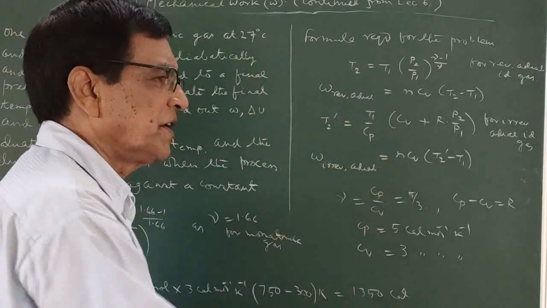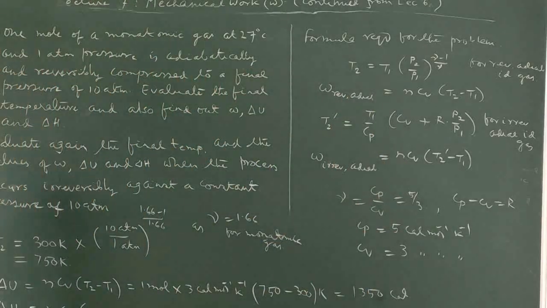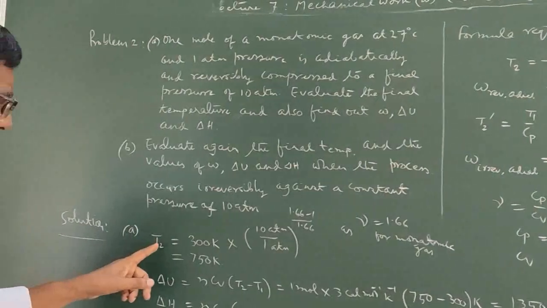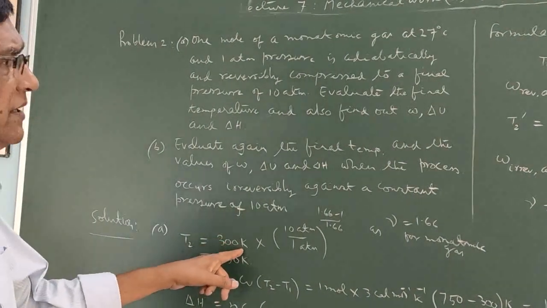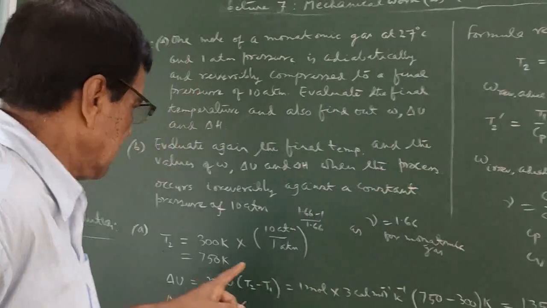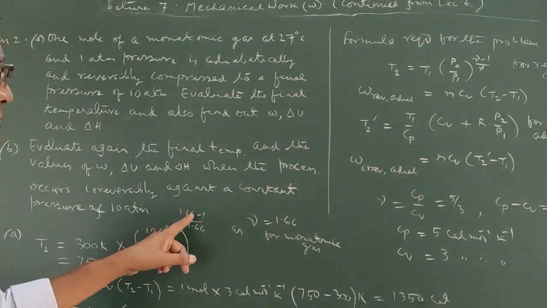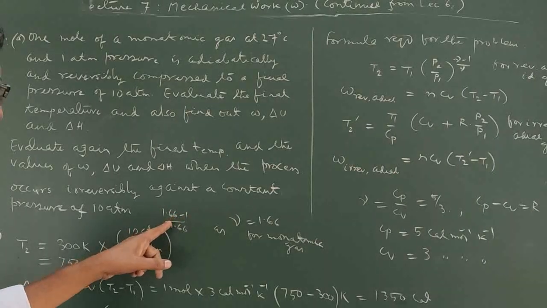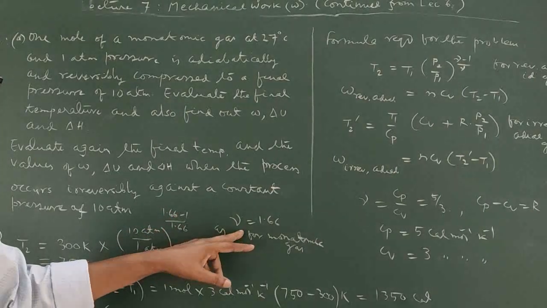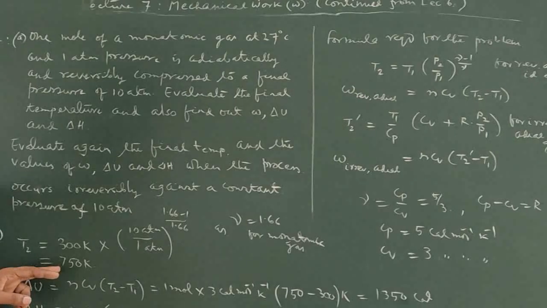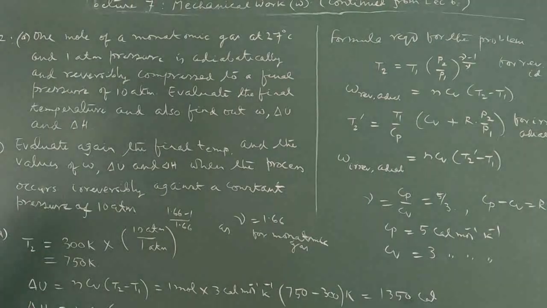So these are the formulas required. Whenever I try to solve this problem A, T1 equal to 300 Kelvin, and P2 is 10 atmosphere, P1 is 1 atmosphere, and gamma equal to 1.66, so 1.66 minus 1 divided by 1.66, and the value comes up to 750 Kelvin.